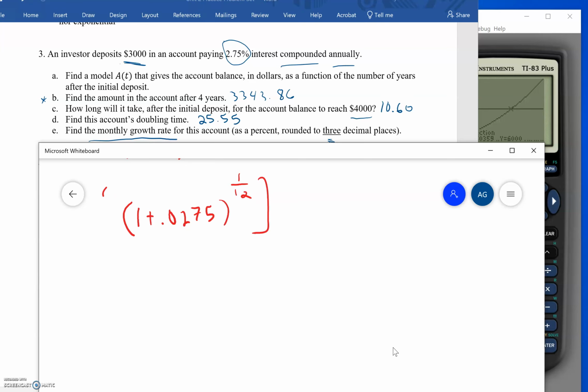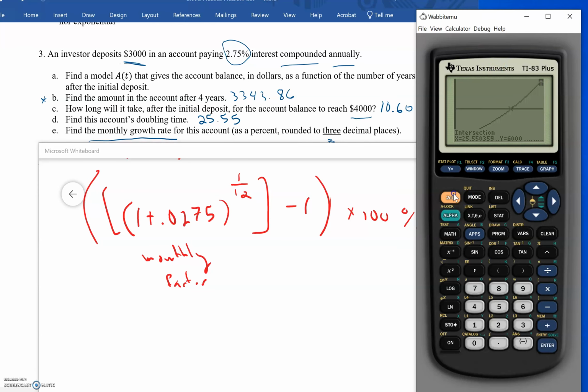Then all of that will be the monthly factor. And then once I get this value, I'm going to subtract 1 from this. And then finally, to put it in percent form, I will multiply the whole thing by 100. And then that will give me my percent. So let's just go to the calculator and do all that now.